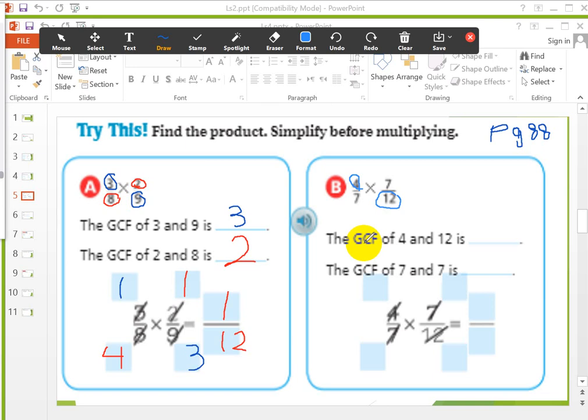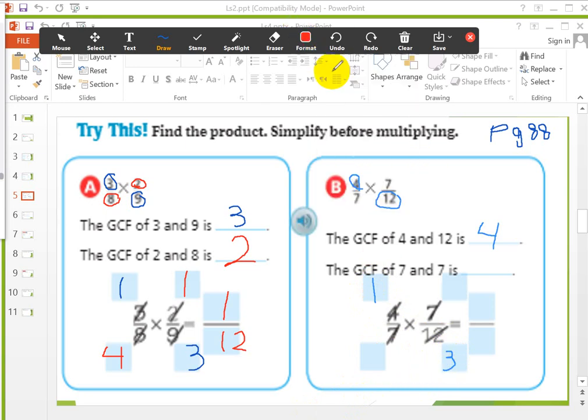Thank you, girls. Excellent. It's 4, not 3, girls. Both numbers are able to divide by 4. So 4 divided by 4 equals 1. 12 divided by 4 equals 3.